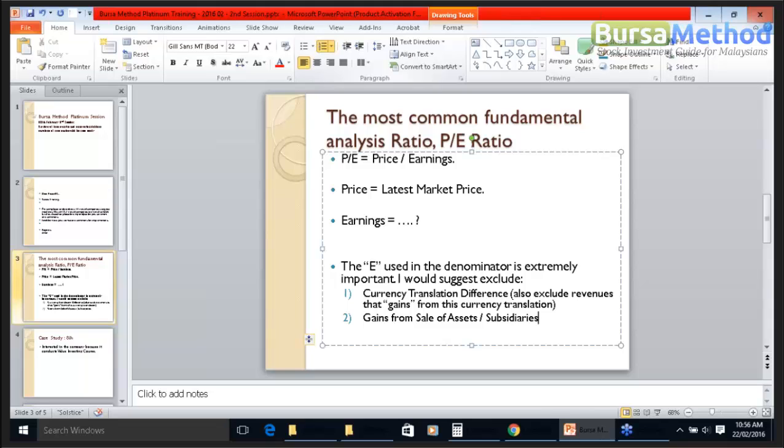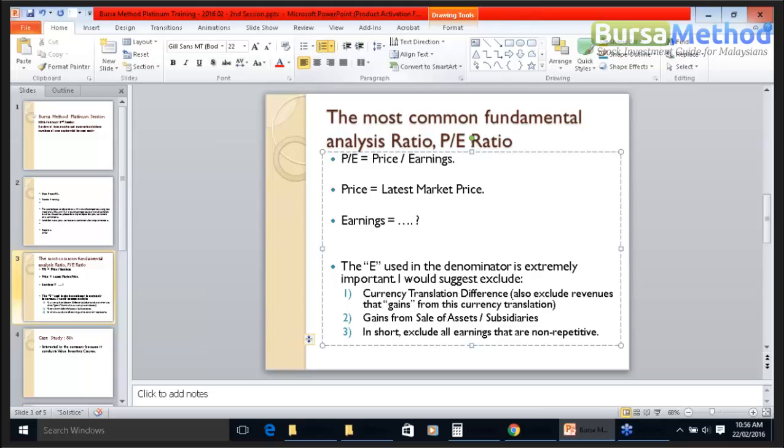These are not operating income. So basically, in short, you want to exclude all those earnings that are non-repeating, non-repetitive. If you find any earnings that are non-repetitive, then you exclude them.